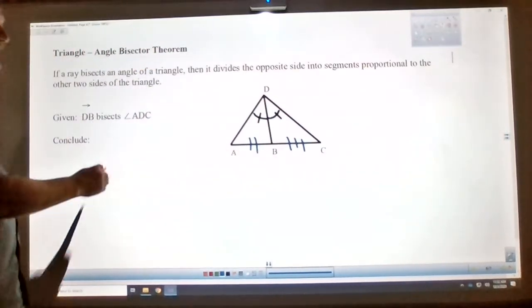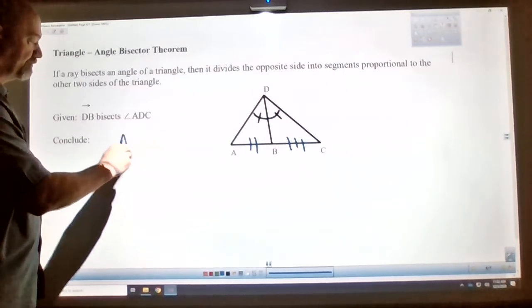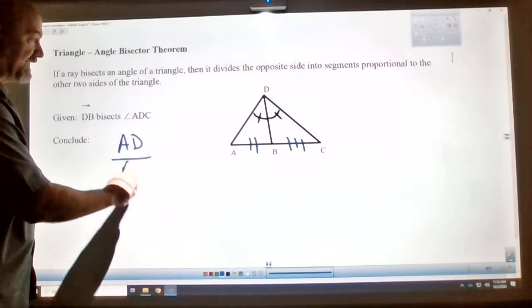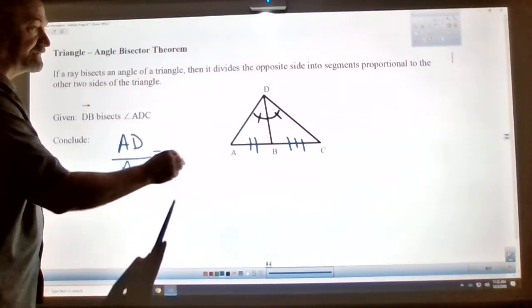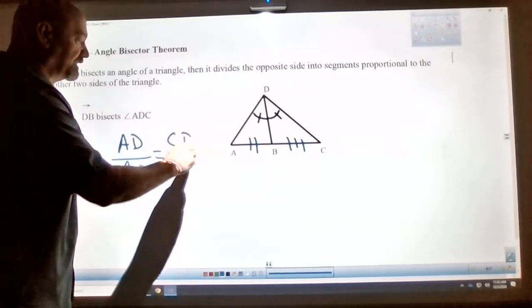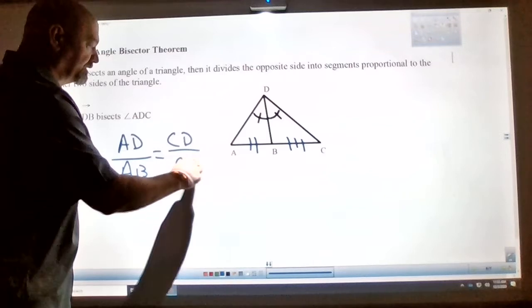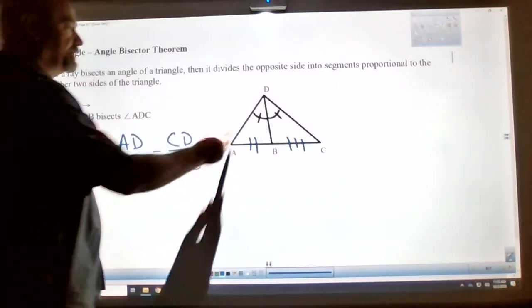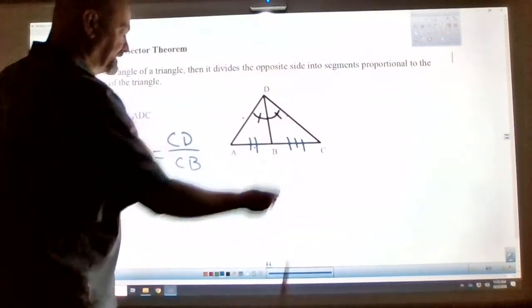So we would say that AD is to AB as CD is to CB. Okay, so this side is to this side as this side is to this side.